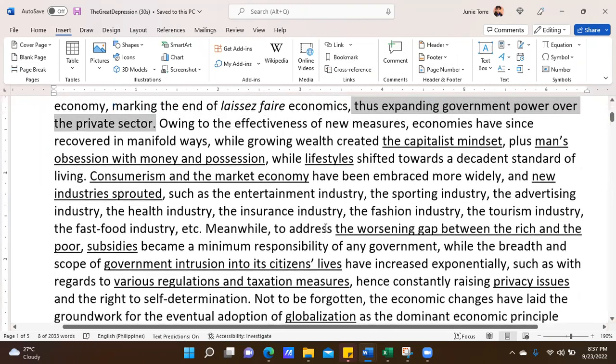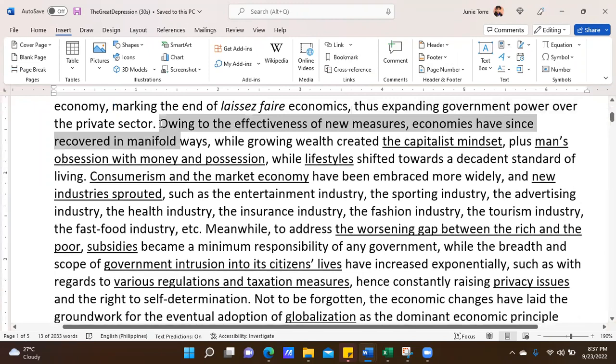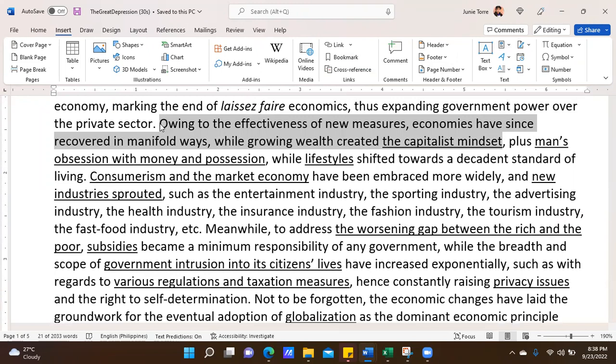Owing to the effectiveness of new measures, economies have since recovered in manifold ways, while growing wealth created the capitalist mindset. So dyan papasok yung mga questions on consumerism, man's obsession with money and possession, and lifestyle questions. Lifestyles shifted towards a decadent standard of living. Consumerism and the market economy have been embraced more widely and new industries sprouted, such as the entertainment industry.